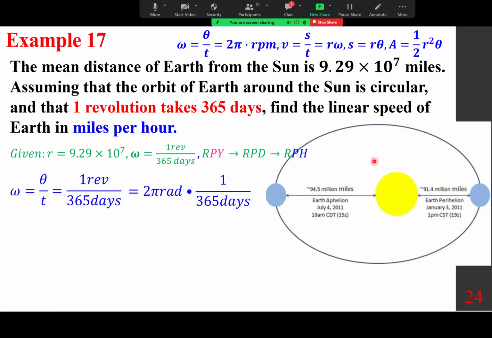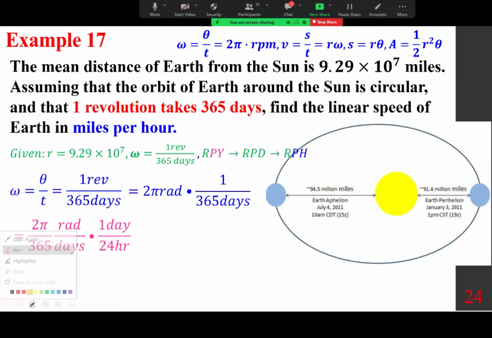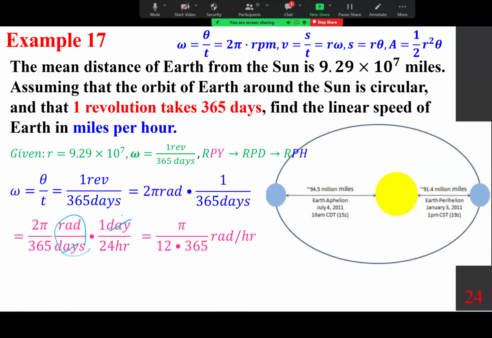1 day is 24 hours. So we can say 2 pi over 365. Notice we put these units, radians per day, and 1 day is 24 hours. So divide 2 pi by 365 times 24, and it becomes radians per hour.